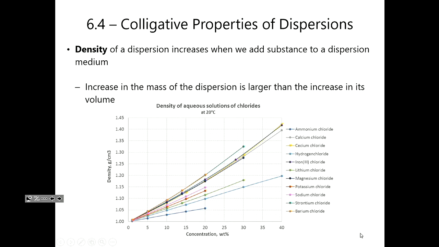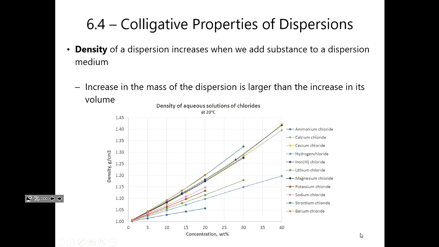Typically what happens is that the increase in mass is not met equally by the increase in volume, so the mass increases in greater proportion than does the volume when you're mixing things, particularly when you're dealing with solid solutes. And that then causes the numerator to increase in excess of the denominator, so the mass to volume ratio gets larger, density goes up. This is the classic situation.